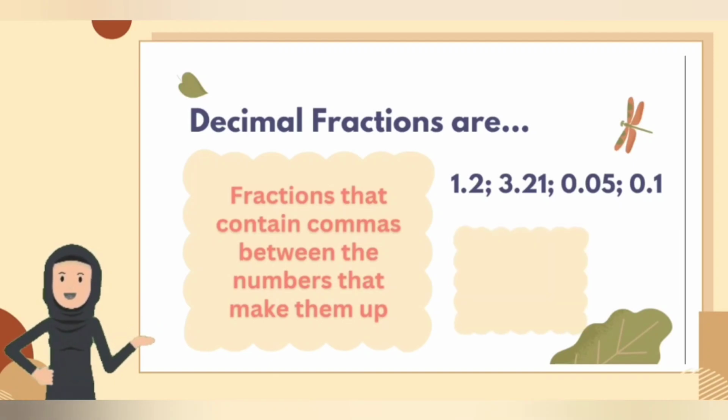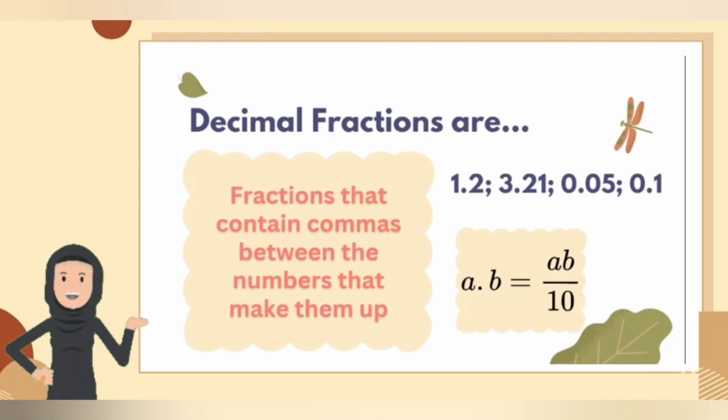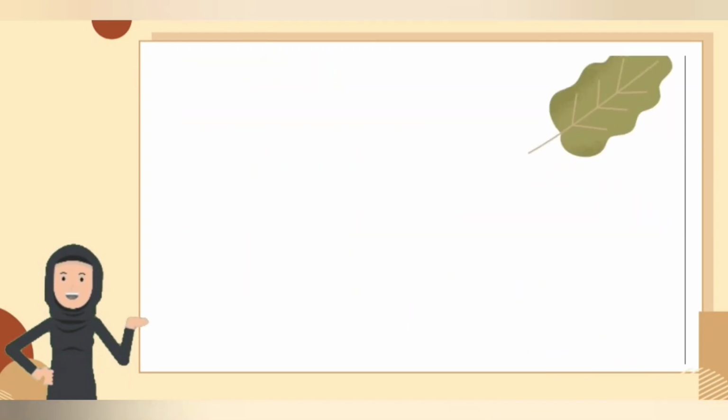Mathematically, the decimal fraction formula is stated as follows: A point B is AB tenths. In the equation above, there is only B after the decimal point, so the fractional form has a denominator of 10.